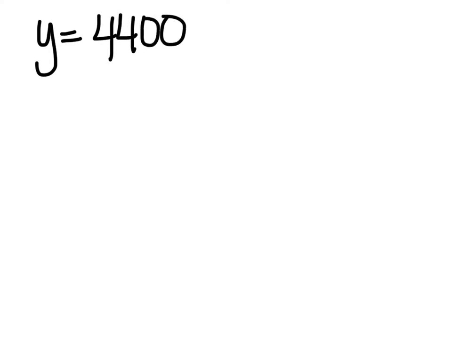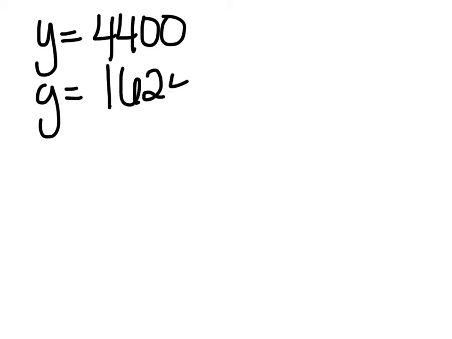Now, we've done this experiment. We have crossed these 2 plants, and we have some numbers. We have 4,400 yellow peas, and we have 1,624 green peas.